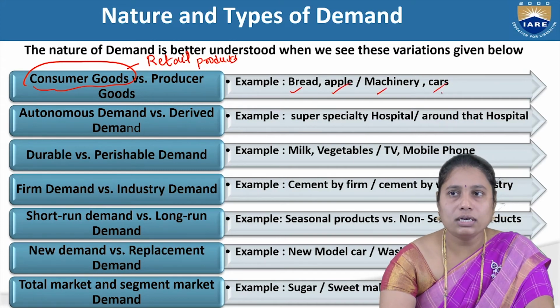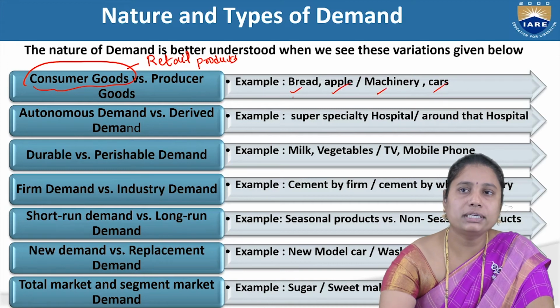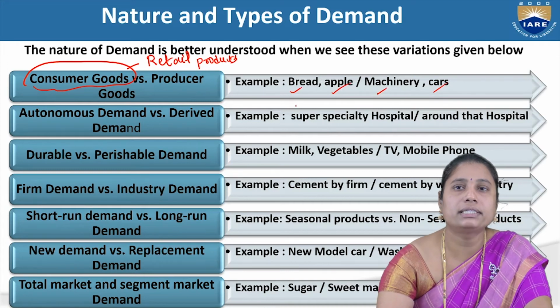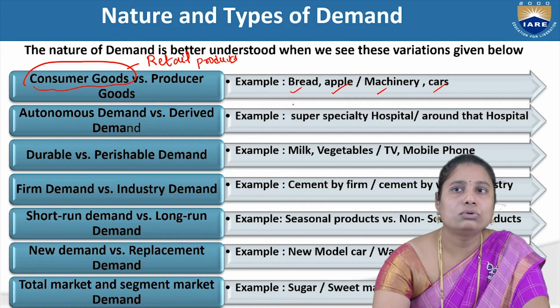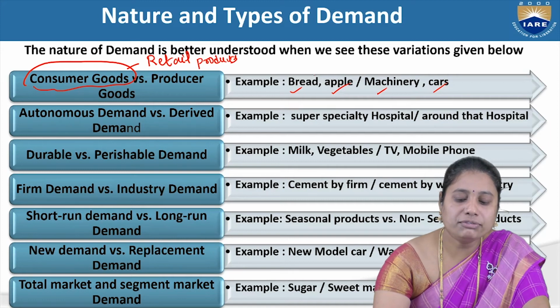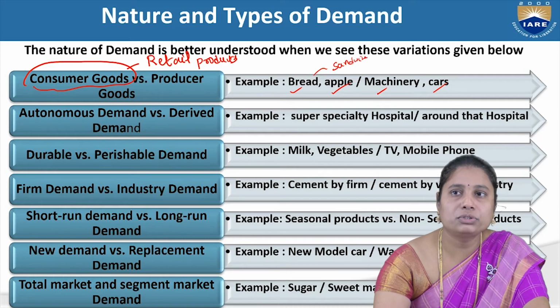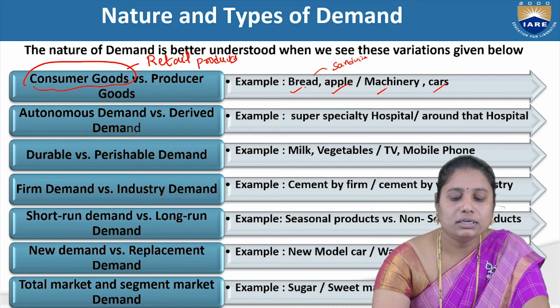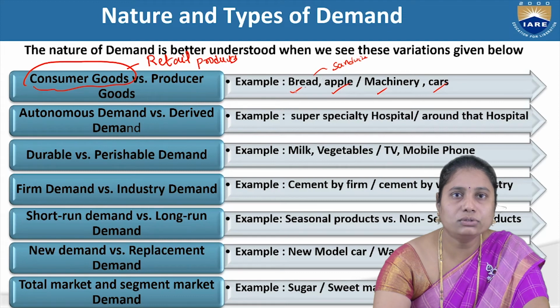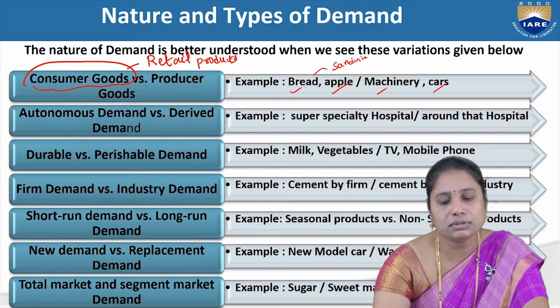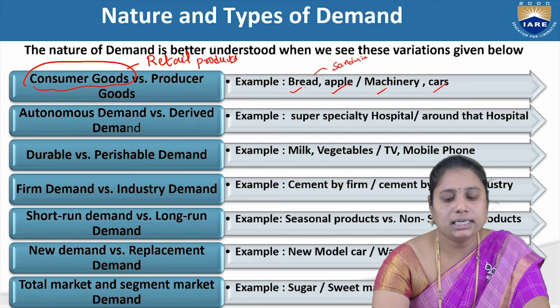If they are all required by individuals for direct use, then they are called consumer goods. But bread used for sandwiches becomes a producer good, because the bread is no longer for direct consumption. Bread is used as an ingredient for further products, a basic product input, so it is called a producer product.